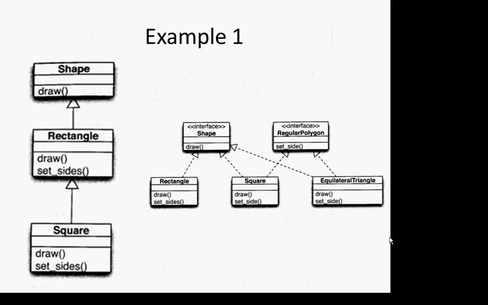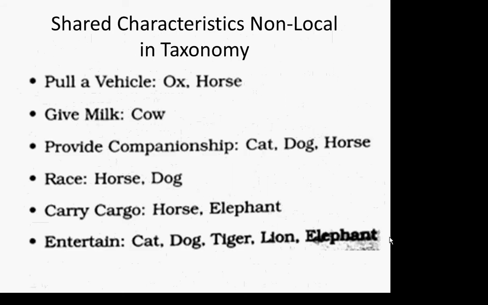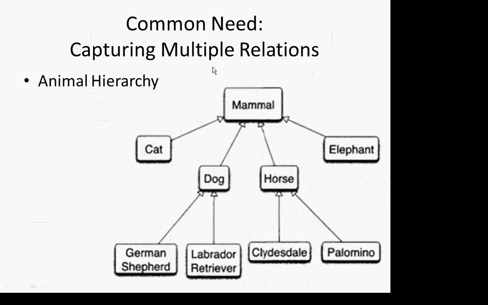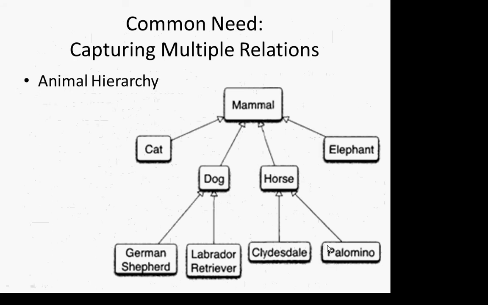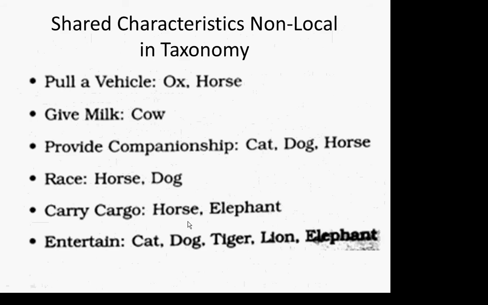Okay, so if we want to have a taxonomy that isn't broken down in a totally hierarchical way, but we want to say that a given animal, say a dog, has several different roles that it provides, and we want to have an interface associated with each of these roles, we might do that with interfaces, because now a dog could implement the provide companionship, the race, and the entertain interface.